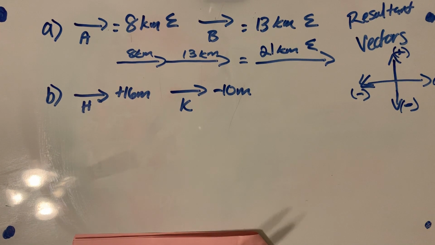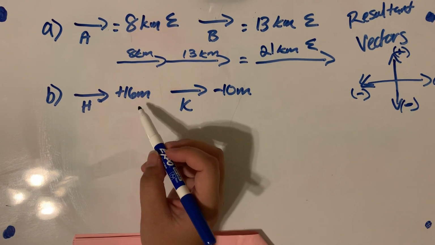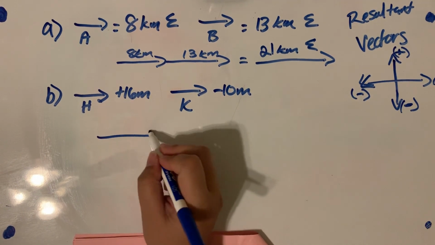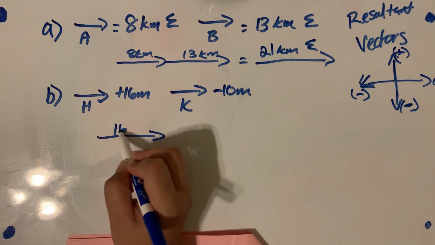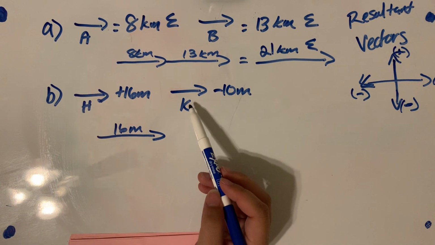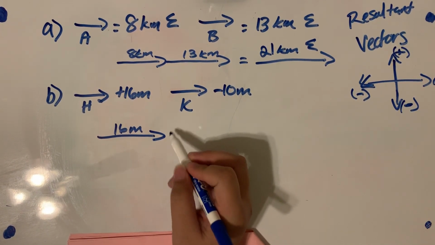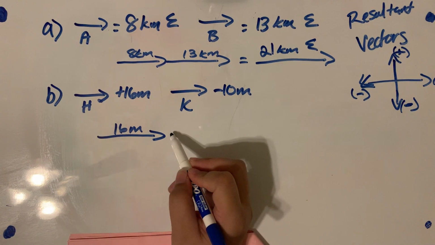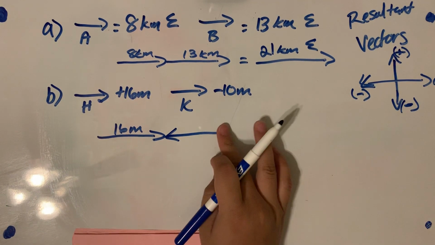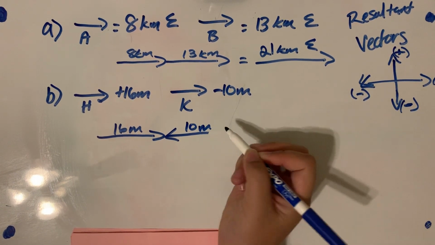So we'll stick to the east and west just because it's easier for me. We know that when you go east it's positive, so this is 16. It says positive 16. So I went positive 16 meters. Now it tells you for vector K, it went negative 10 meters. So guess what? If I'm going east here, and that's positive, that means my negative is going to be west. And that is 10 meters.